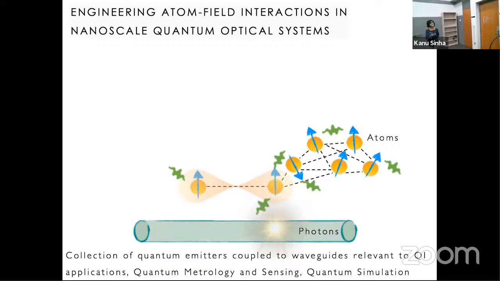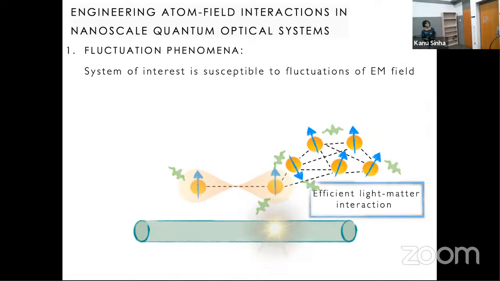In such a scenario, there are two ideal features that one would like to have, among others. One is, of course, to be able to build efficient light matter interfaces. And as we do so, for example, as we try and couple our atoms to the photons in the waveguide, the system also becomes susceptible to the fluctuations of the electromagnetic field, which bring in detrimental effects.